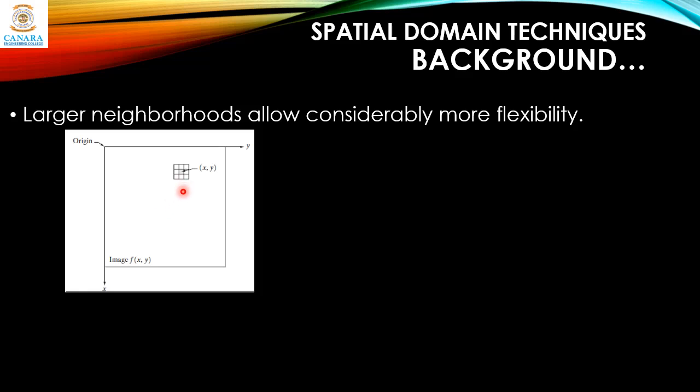You can also play around with the neighborhood intensities, like you can increase or decrease the pixel value based on its neighborhood, where you may want to highlight it to make it sharper, or you may want to average it to make it duller or more blurred. So this is the advantage of going for large neighborhoods.